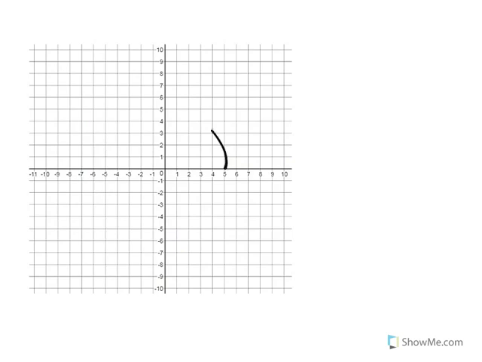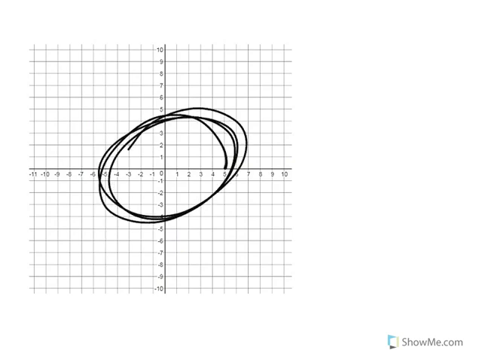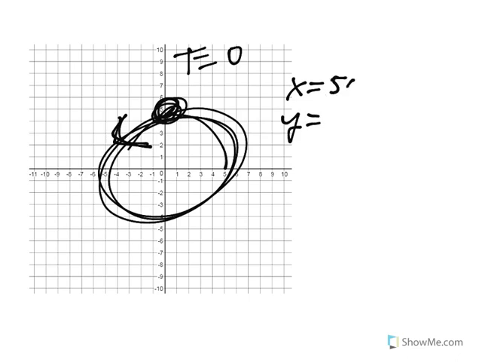Another thing I can do, still creating the same picture, what if I wanted my initial point to be up here instead? I want t equals 0 to be there, and I'll also tell you I want it to go counterclockwise. Well, the way I make that happen, it's not very different from the first one. It's 5 cosine, 5 sine, but instead of t, I'm going to say t plus 90.